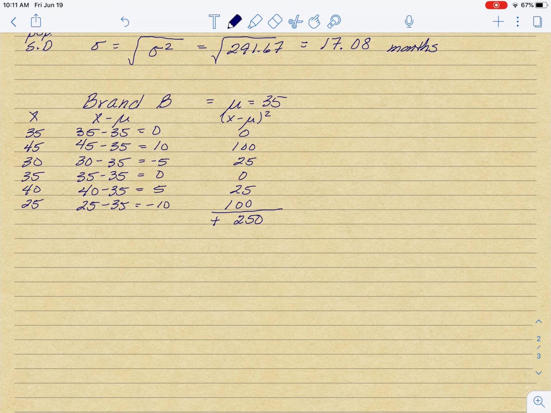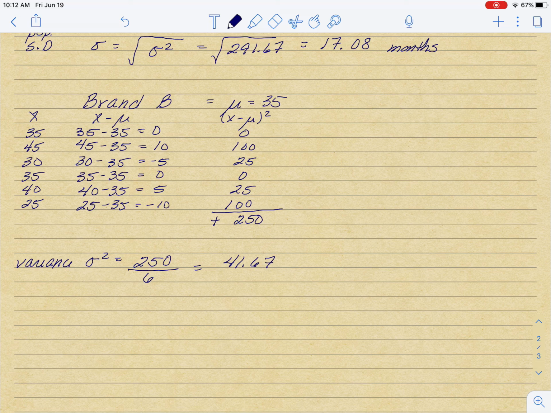So our variance is that sum, 250, divided by the number of data points we have, which is 6. So this is 41.67.